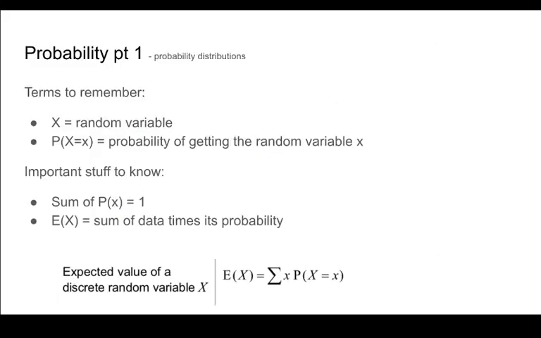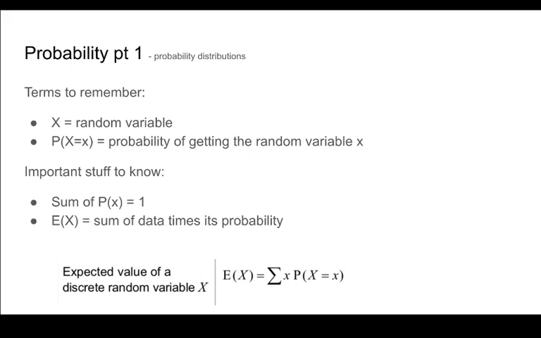And next we have some terms to remember in probability, like X as a random variable and probability of X, like the big X equals little x, which means the probability of getting the random variable x. This is applicable for probability distributions, and the foundation of knowledge that you need in order to work on probability distribution questions is that the sum of probability of X equals 1.